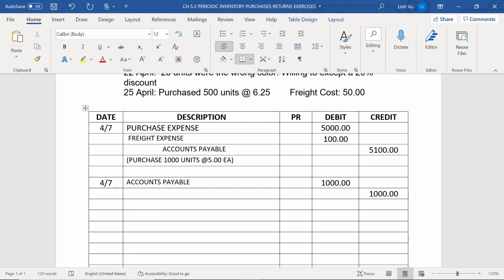Yes, but there's a specific account that I want you to use. What account would I use to reflect this refund? Purchase returns and allowances. Good, excellent.